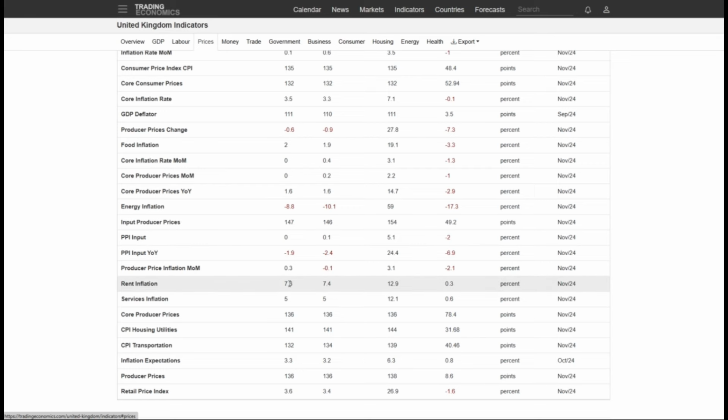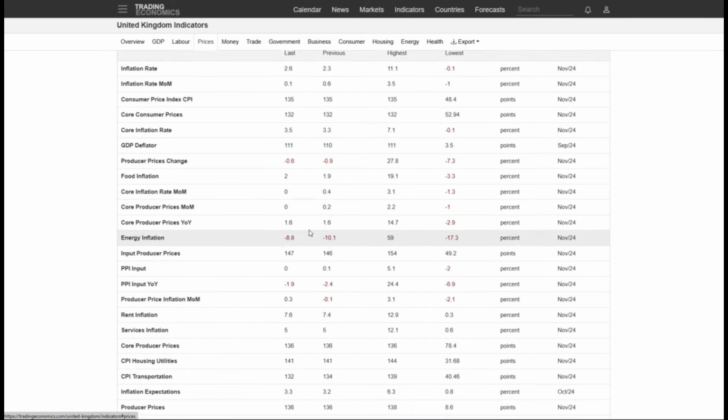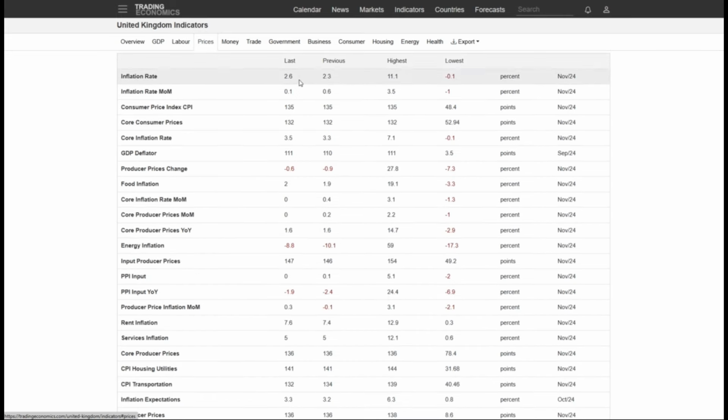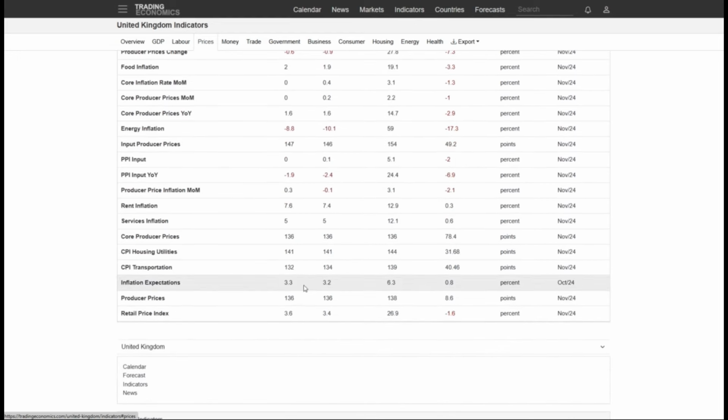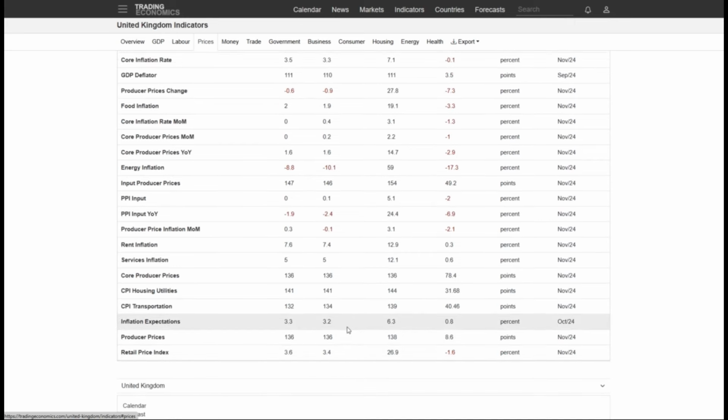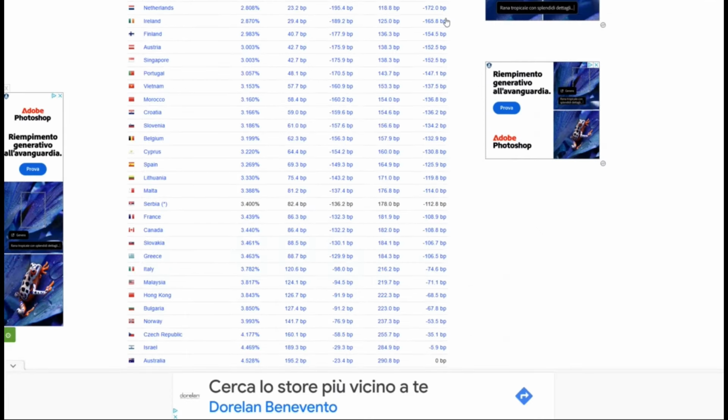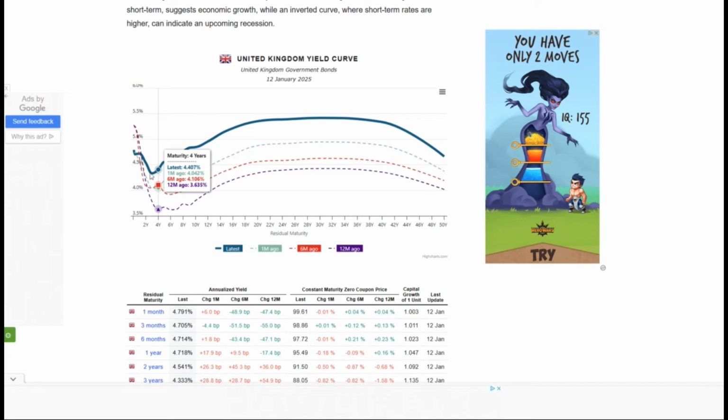Rent inflation is 7.6%, and house prices are higher. Core inflation is 3.5%. The ordinary CPI inflation is 2.6%. Inflation expectation is 3.3%. RPI, the retail price index, is 3.6%. So there is a problem of inflation expectation, and we have the yield curve, which is this blue line. This hump here is basically an inverted yield curve.